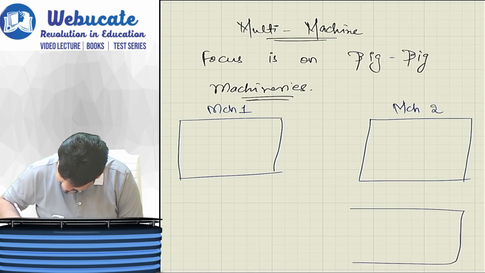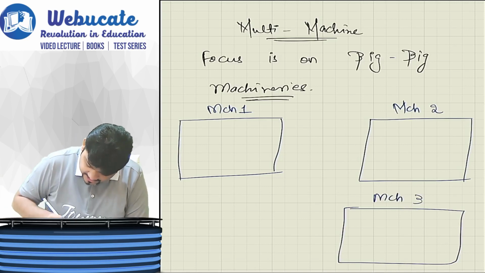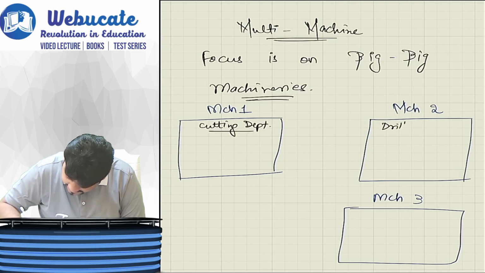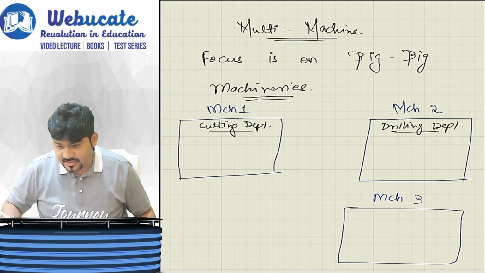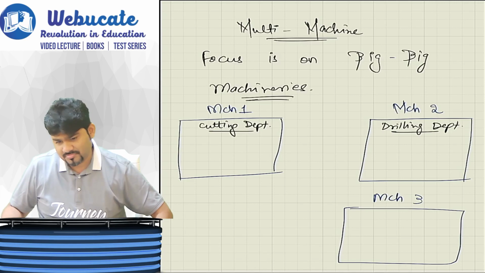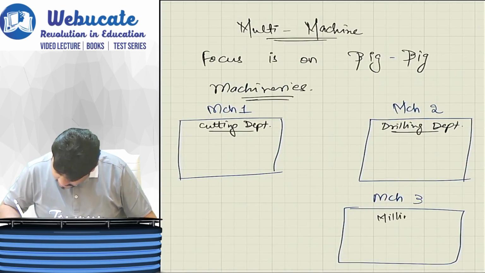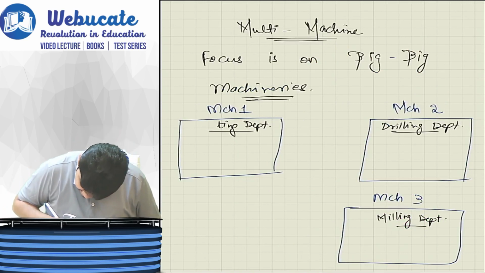This is machine two, this is machine three. They would say this is the cutting department, this is the drilling department, and this is the milling department. Let's exchange the order: drilling, milling, cutting.